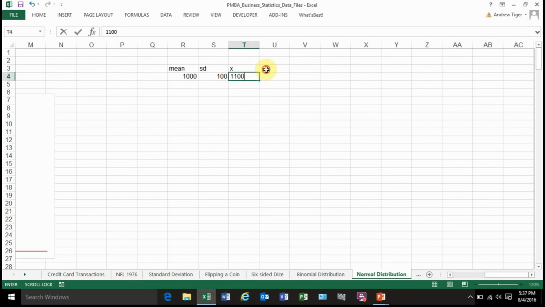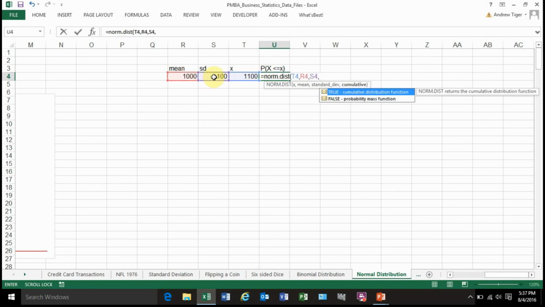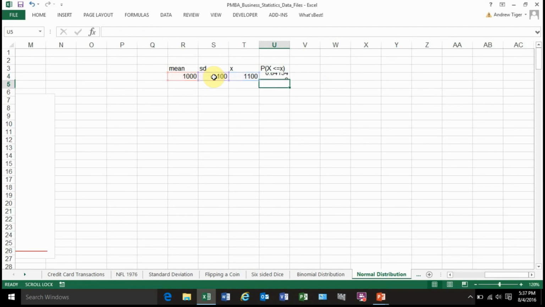So if I want to find the probability that my random variable is going to be less than or equal to x, I use the norm dist and put in my 1,100, my mean, my standard deviation. And when we use the norm dist, we always use 1 as our last argument, which is true. And that's going to give us the probability that our demand is going to be 1,100 or less. 84% of the time, we're not going to exceed 1,100.